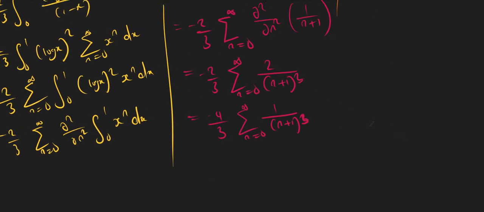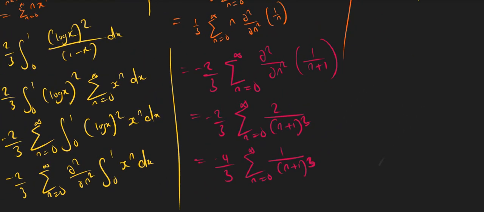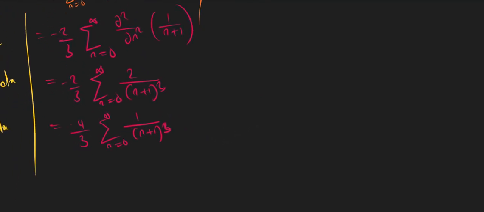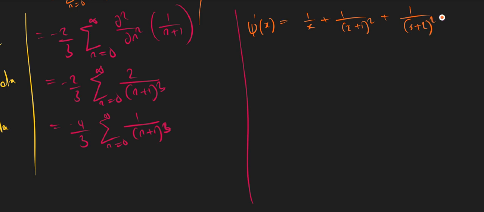Notice that we know from theory, let me come over to this side so I can show something. From theory, we know that psi of x is equal to 1 over x plus 1 over x plus 1, squared, that is psi prime of x, plus 1 over x plus 2 squared, up until infinity.